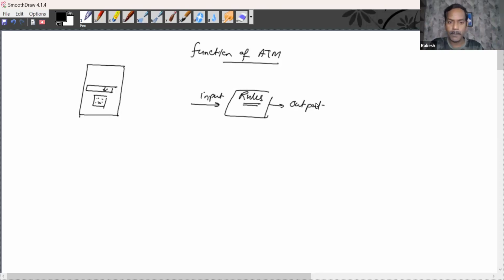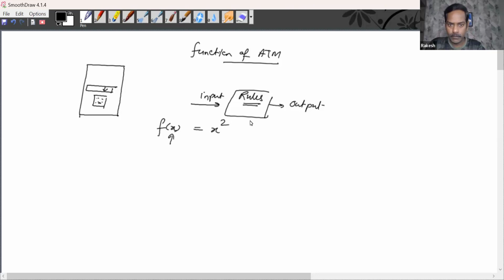In mathematics, if I say f of x, then we call it a function of x. So if this is a function, it must have a certain set of rules. Suppose I define that the rule is that the input provided will be in the form of x, the value of x, but the output should be the square of x.